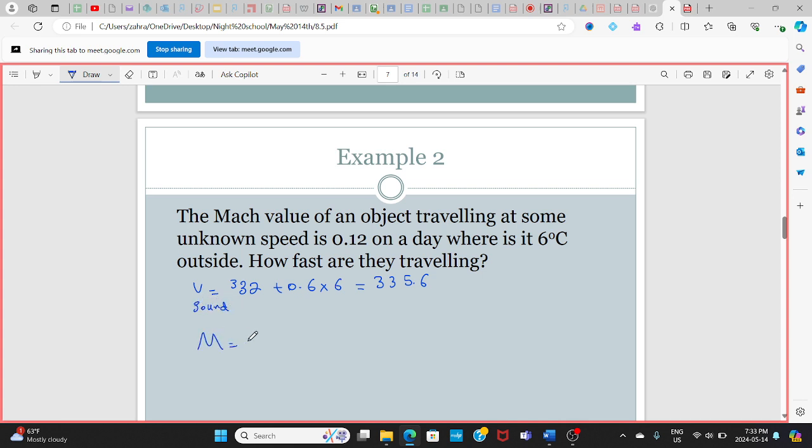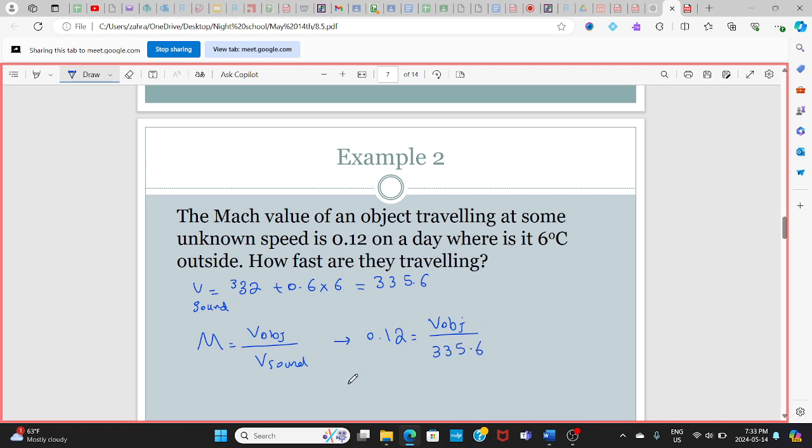And you know the Mach is V of object divided by V of sound. The Mach value is given to me, 0.12. The velocity of the object, I need to find out. The velocity of sound, I got it here, 335.6.